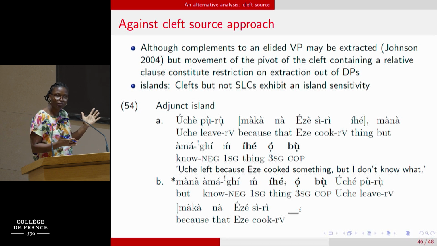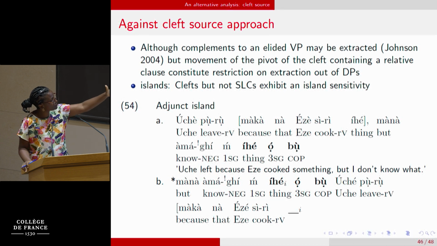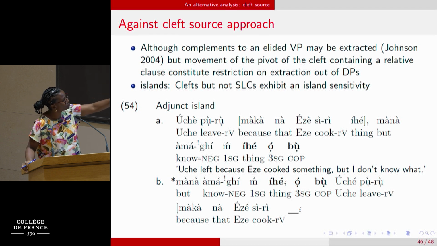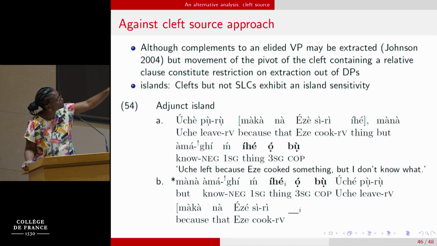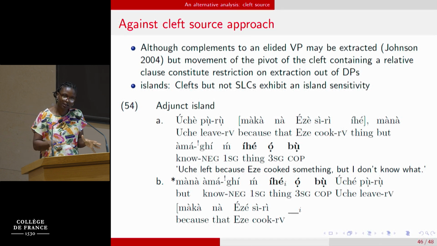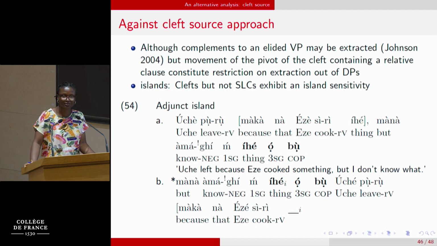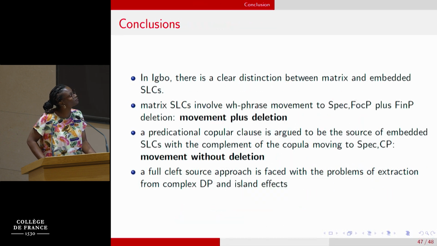With a copular clause, we are not constrained by an island structure, but cleft constructions constitute islands, as shown in previous works. The example in 52b shows exactly this: moving something out of the cleft construction shows the island effect.